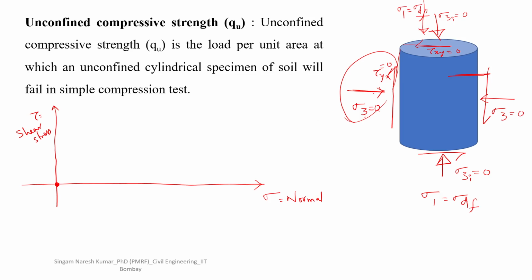Another extreme end will be the stresses on the other plane, so this is sigma df comma 0, because at failure the stresses are sigma df comma 0. This is 0 comma 0. Now if this is the diameter, you can complete the circle. This is called the Mohr circle.